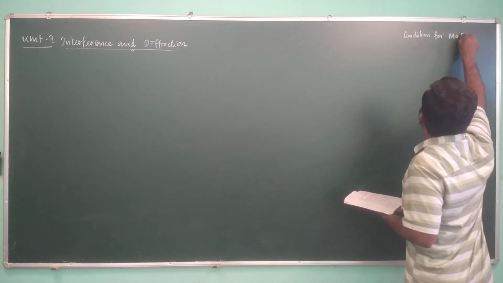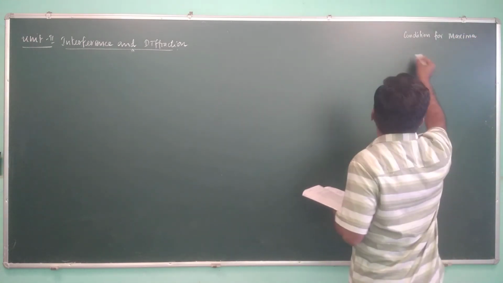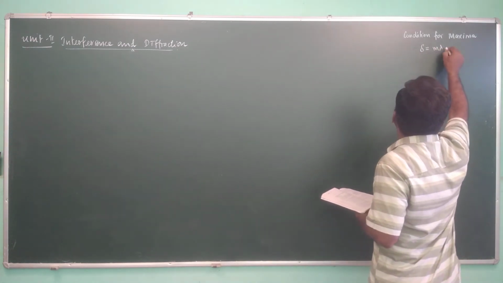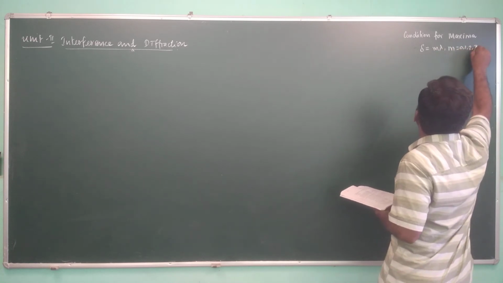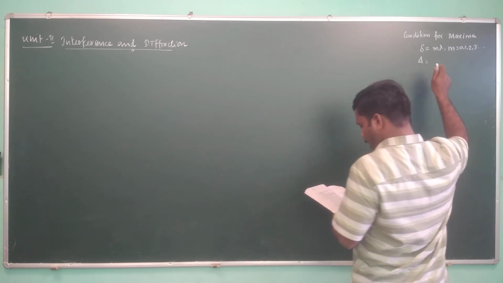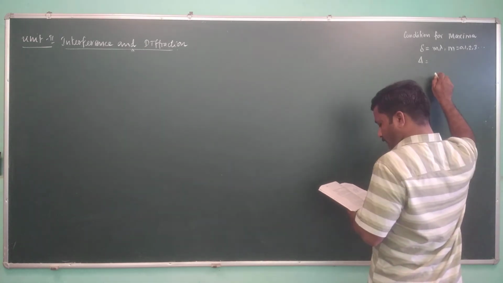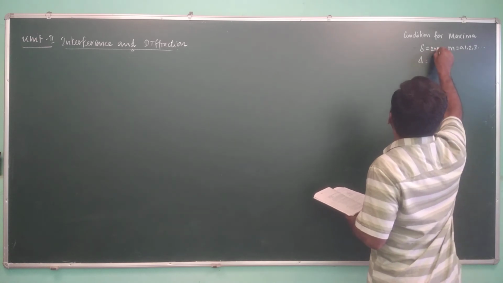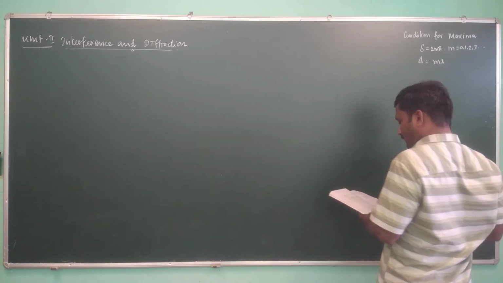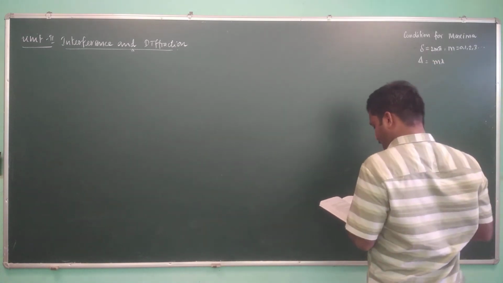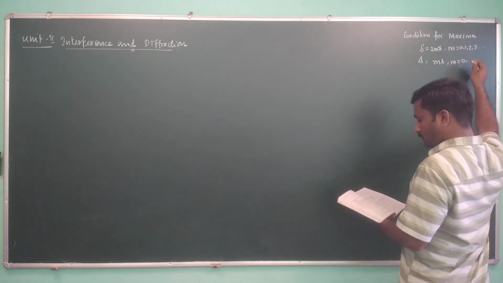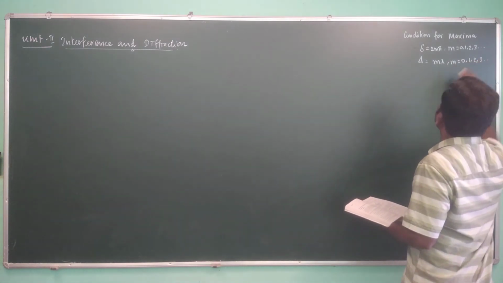Condition for maxima: phase difference delta is 2m pi, and for path difference, we can write m lambda, where m equals 0, 1, 2, 3 and so on.